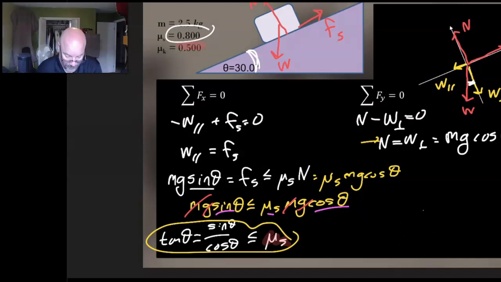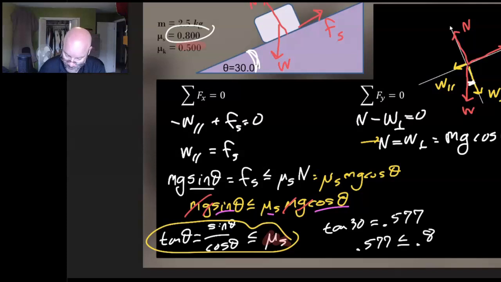I want to go back to my relationship here, where the tangent theta depends on this guy. And how did that come back? Didn't I get rid of that stuff?